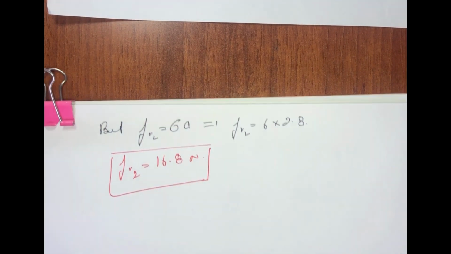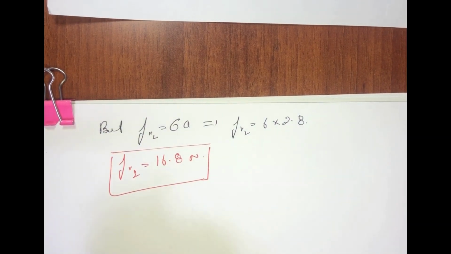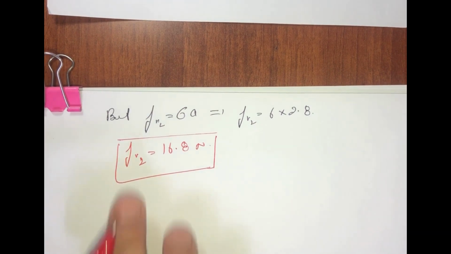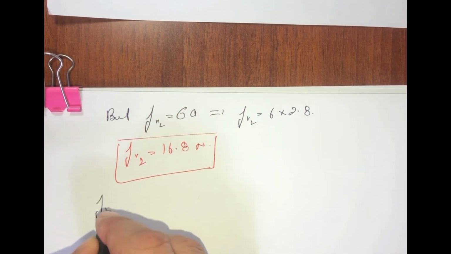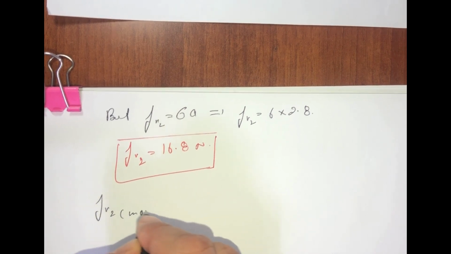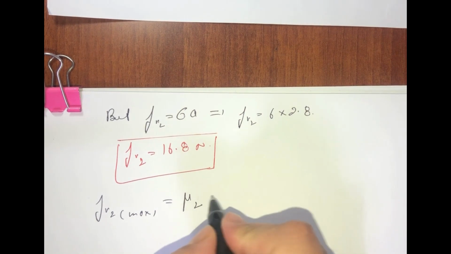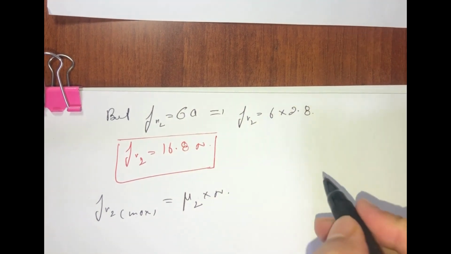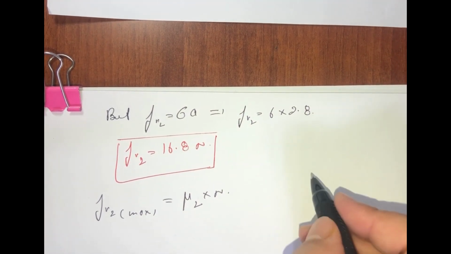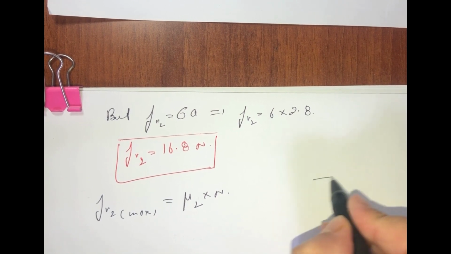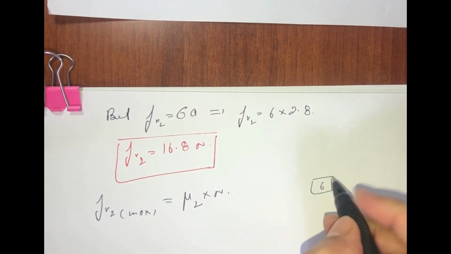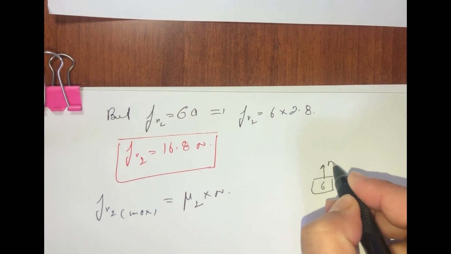And let us find out the maximum value of the FR2, and we are going to make a comparison with this FR2. FR2 max will be equal to mu2 multiplied by normal, and FR2 is the friction between 6 kg. So let us call this normal as N6.